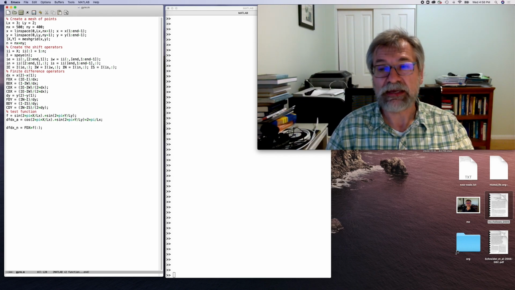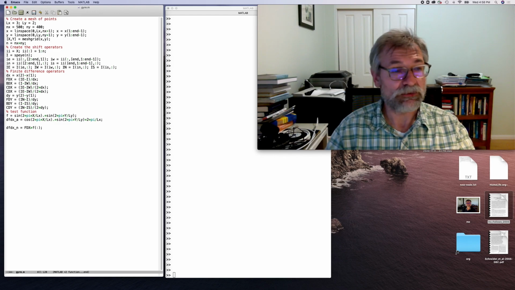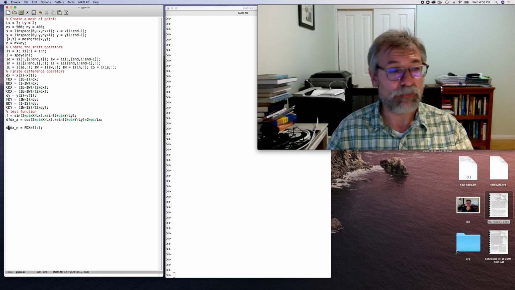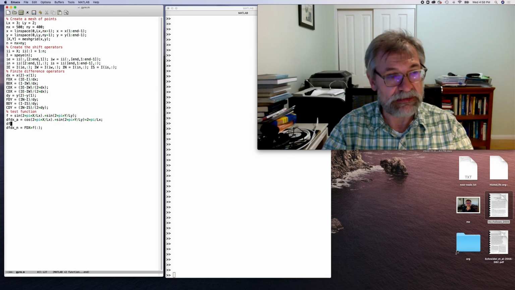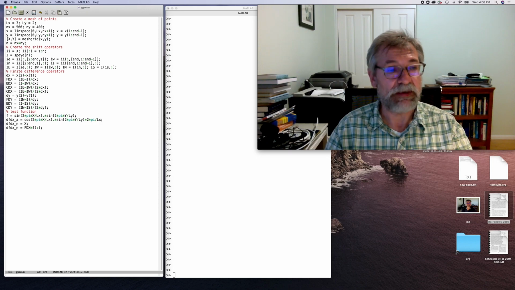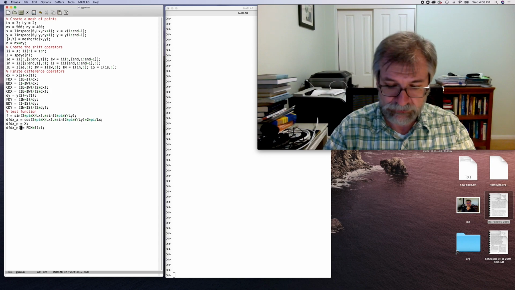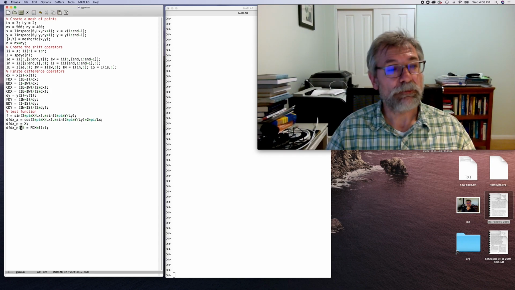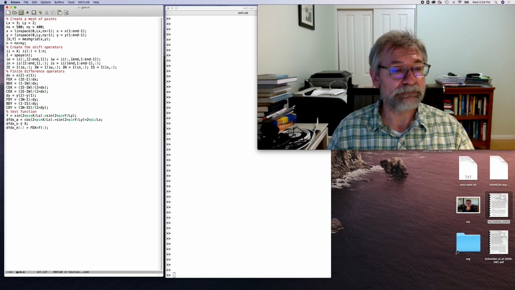So the output here would be a big long vector. If we wanted to go back to the 2D array of points, we will first initialize df/dx n to be a 2D array of the same size as the mesh by simply setting it equal to x. And then we will overwrite those x values by populating it with the answer obtained from the finite difference.